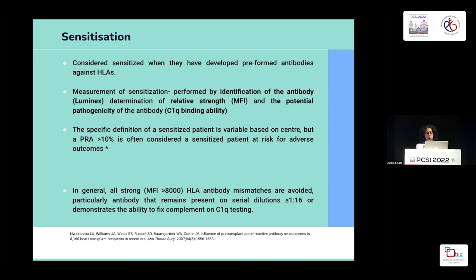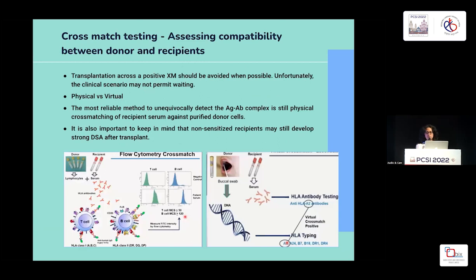I'm not going to go into the details of cross-matching, but the principle would be to assess compatibility between the donor and the recipient. We in India do not have the luxury of knowing the HLA type of the donor. So the principle is basically to identify whether your recipient holds antibody against the HLA type of the donor.